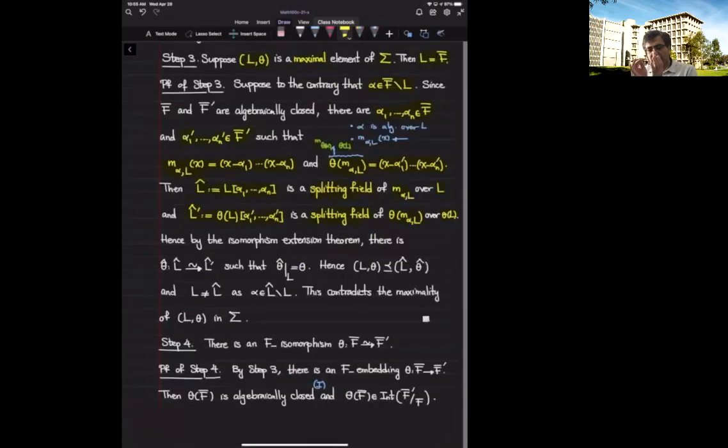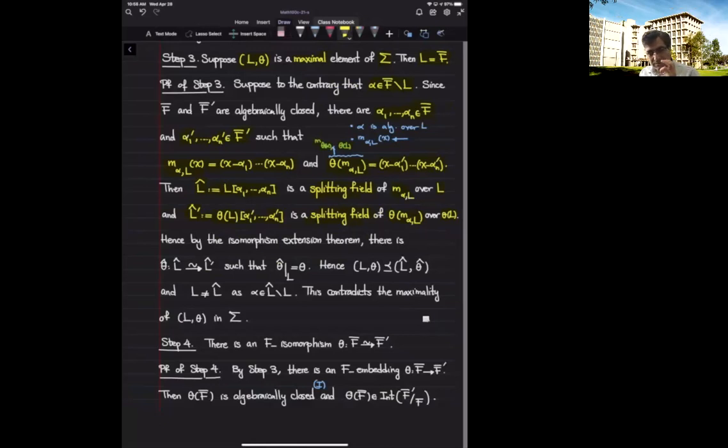So we have this isomorphism from L to theta of L, which is induced by theta. Now, this isomorphism sends the minimal polynomial of alpha over L to theta of the minimal polynomial of alpha over L. And I'm taking the splitting fields of these polynomials over L and over theta of L, respectively.